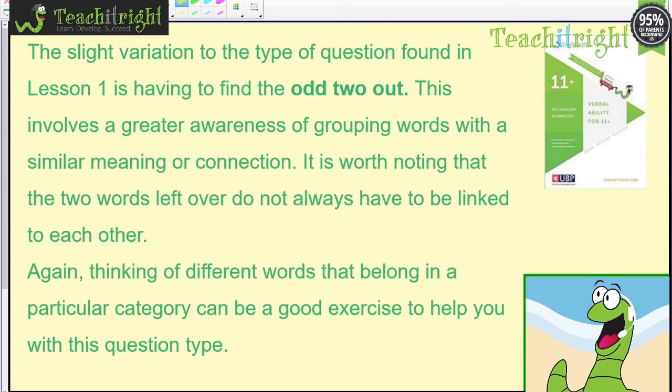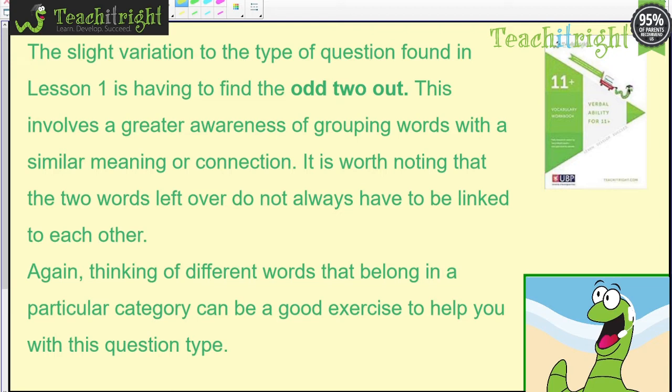And one important point to note here is that the two words left over don't always have to be linked to each other. So they are not related to the other three words. This time you have 5 words, but they don't necessarily have to be related to each other.